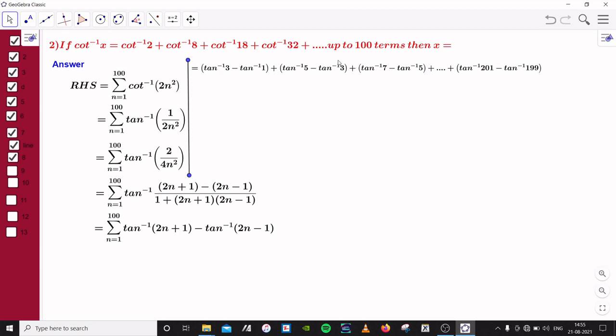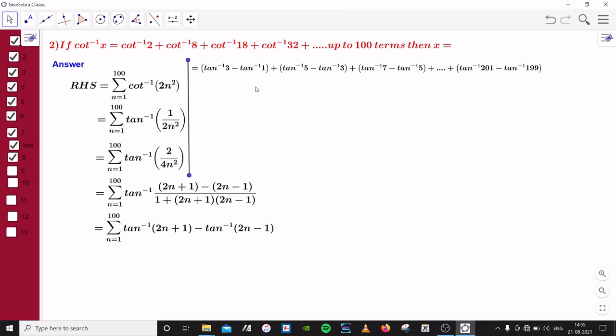Tan inverse 3 and minus tan inverse 3 cancels. Tan inverse 5 and minus tan inverse 5 cancels. That means the second term in each bracket cancels with the first term of the succeeding bracket.